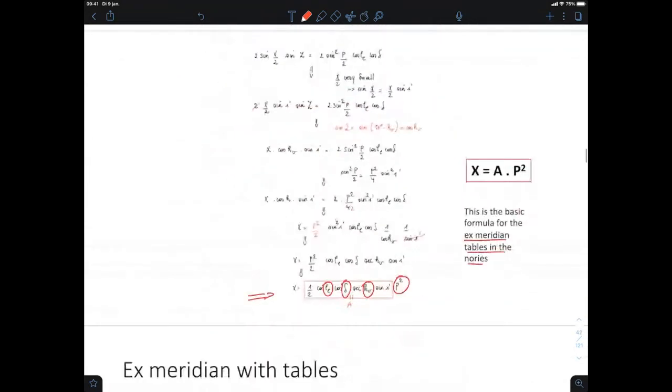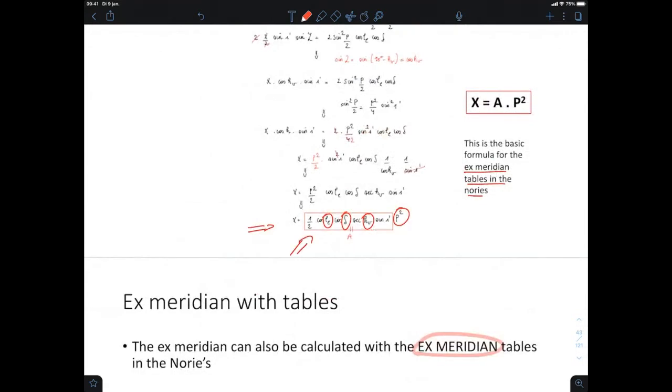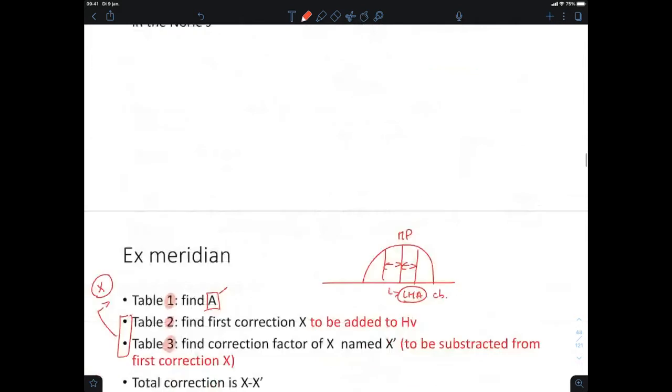And so that is this formula here, where you find x as the correction and the value for A equals these elements here. That is what is being calculated in the first table of the X-Meridian.